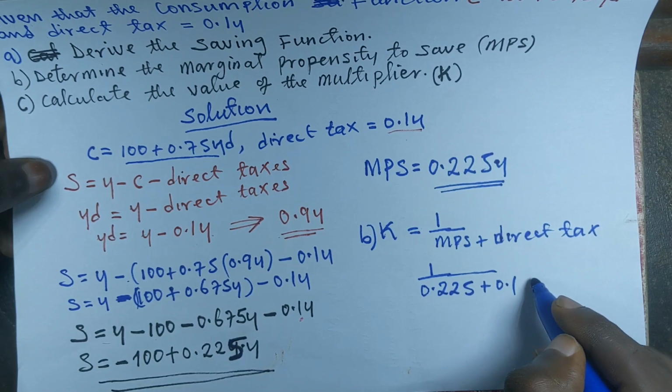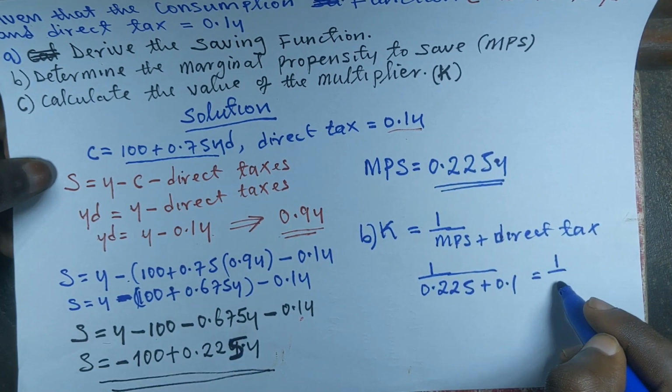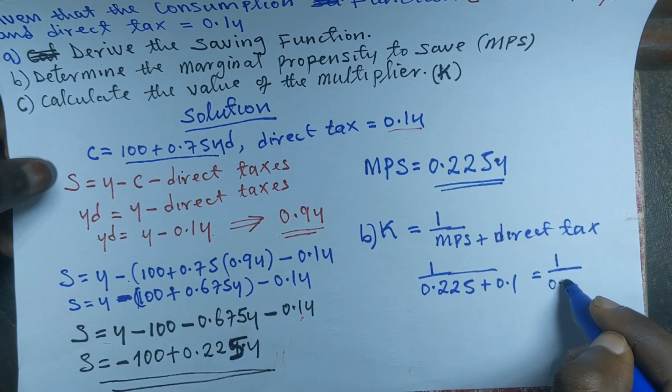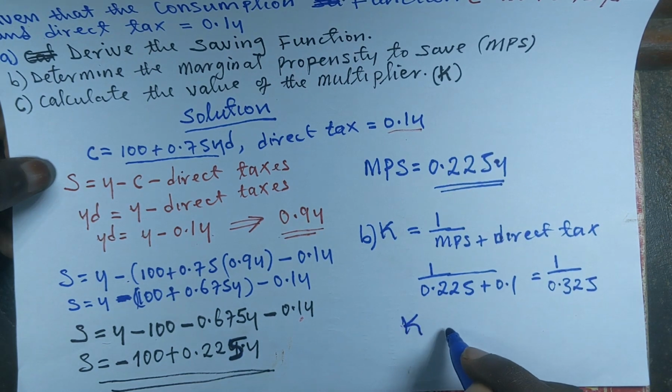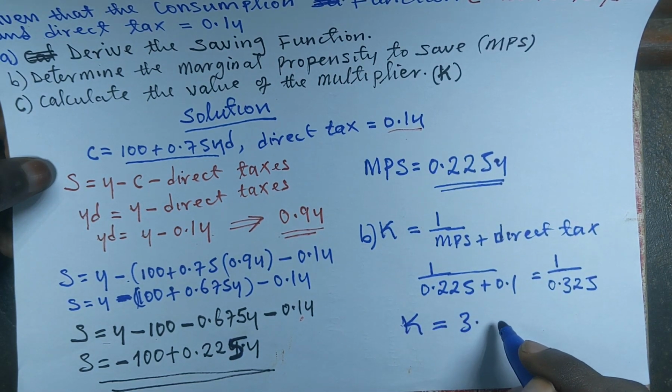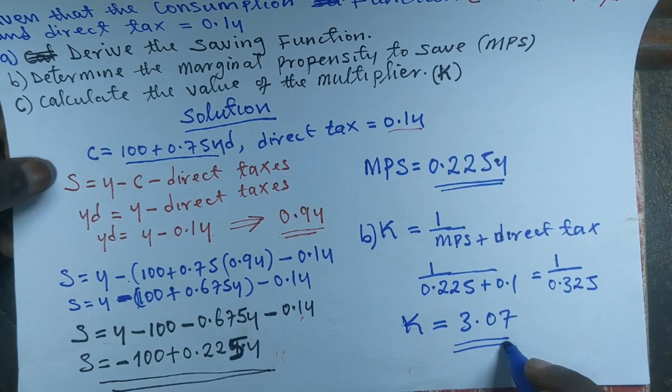So we have 1 over 0.325, which gives a value of K equal to 3.07. That's the value of K, the value of the multiplier.